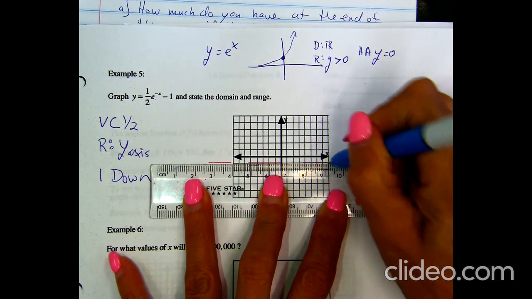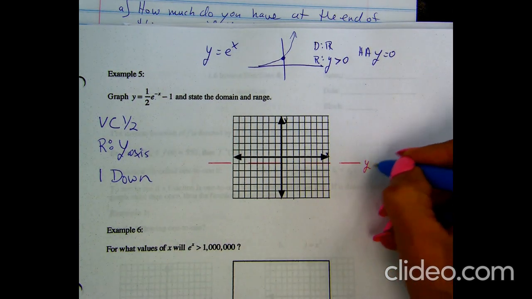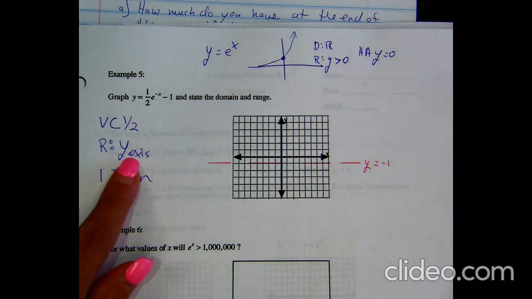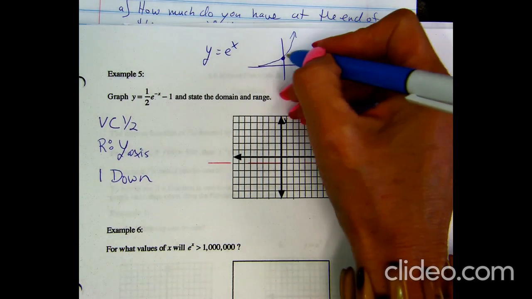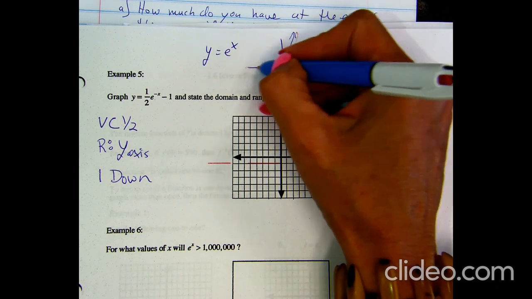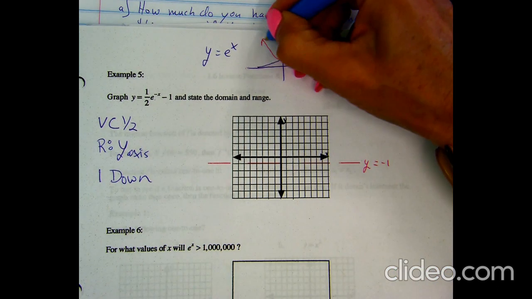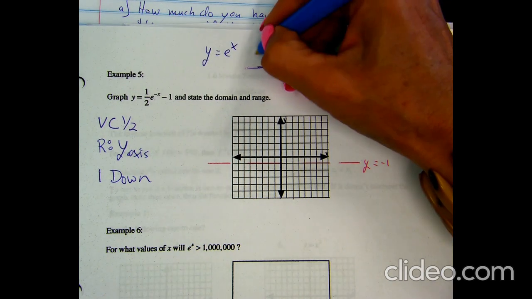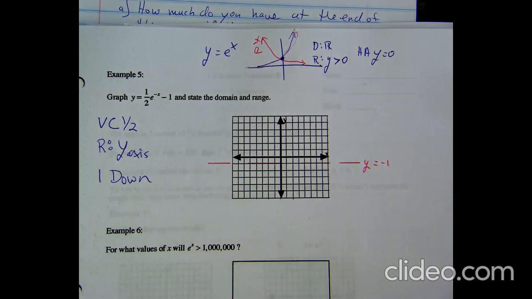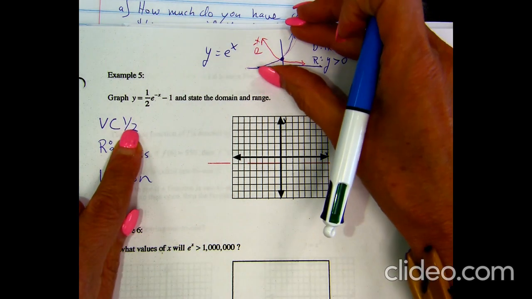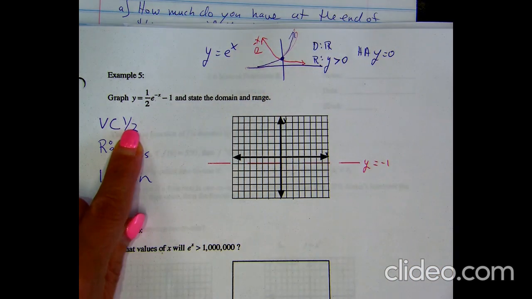So our horizontal asymptote is going to be here. This reflection in the y-axis is going to take this exponential growth and turn it into exponential decay. That's e to the minus x in red. It's going to flip the orientation of that graph. And the vertical compression is just going to make all of my y values half the size.